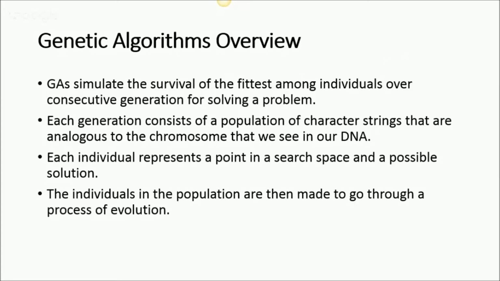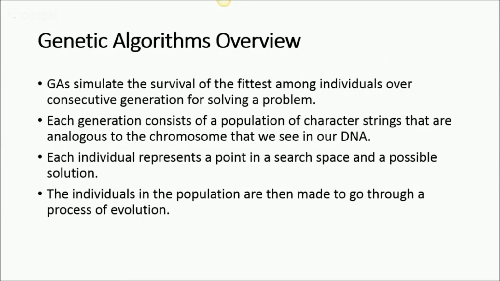There may be character strings, we'll talk about encoding later on, but some kind of encoding, maybe ones and zeros, that we're going to call our DNA, that we're going to consider to be a potential candidate solution for our problem. Each individual represents a point in the search space and a possible solution. So every chromosome would be a possible solution, and we'd evaluate how good those solutions are.